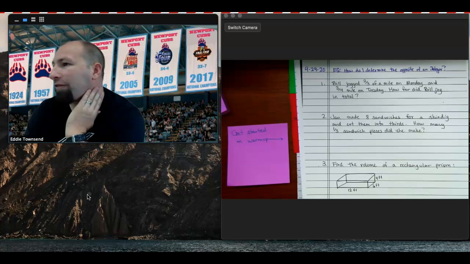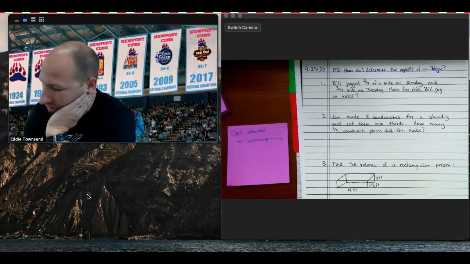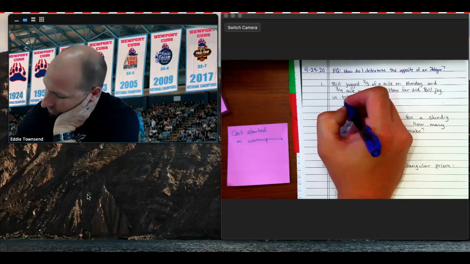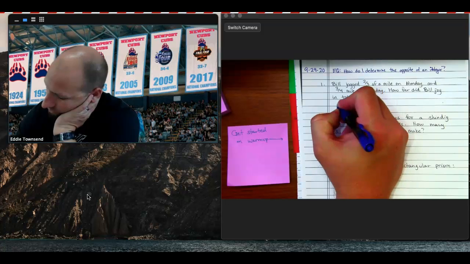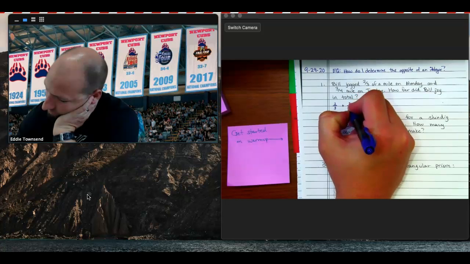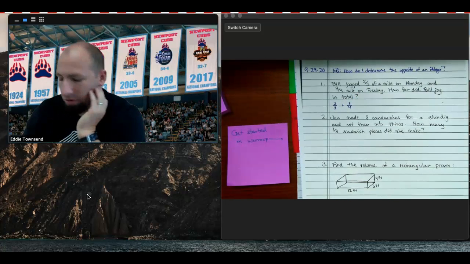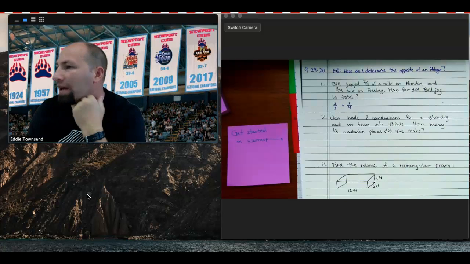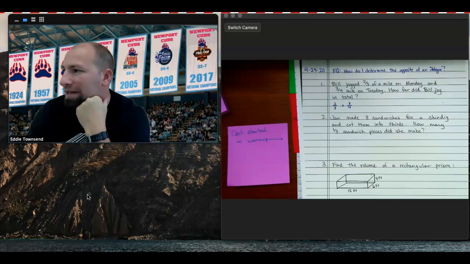So we're going to add fractions. Okay, so basically what we want to do is we're going to go 2/3 plus 3/4. When you add fractions, you have to get the same denominator, the same bottom number on the fraction.